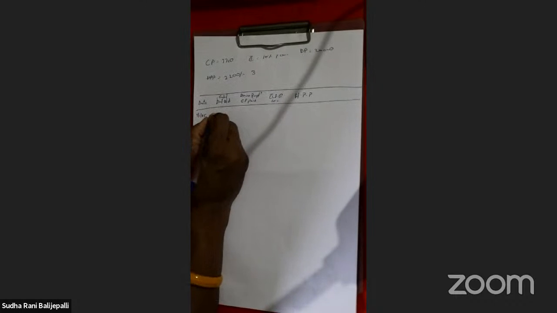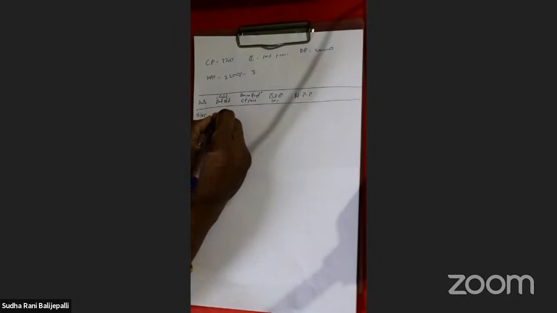The first one, when did he purchase the machine? Page 56. He purchased machine on 1st April, 1st April 2005 he purchased. What is the total cash amount of a machine?